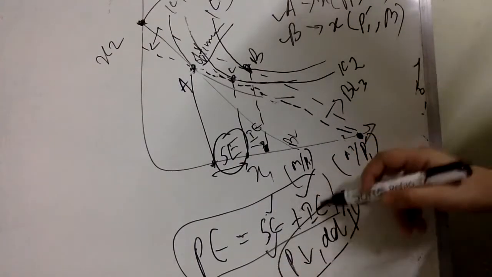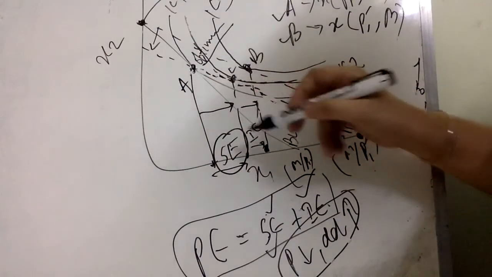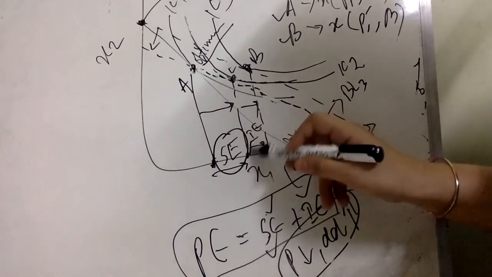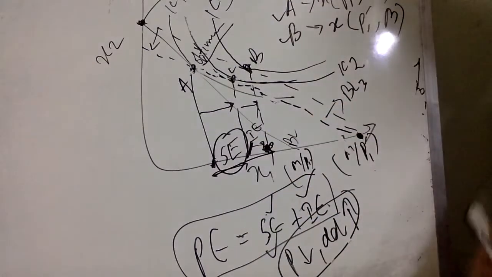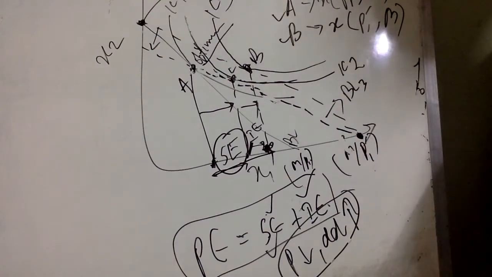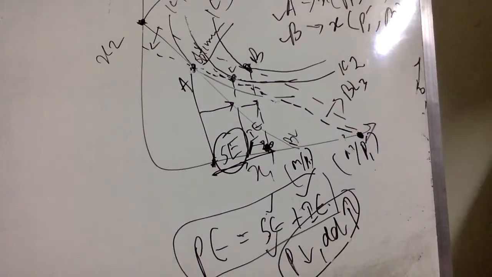So in both cases, can we say the demand for X is rising, right? So it moves from this point to this point and then from this point to this point. So that's how we understand the decomposition of the price effect into the substitution and the income effect. Now I will just quickly explain the same analysis through an example.